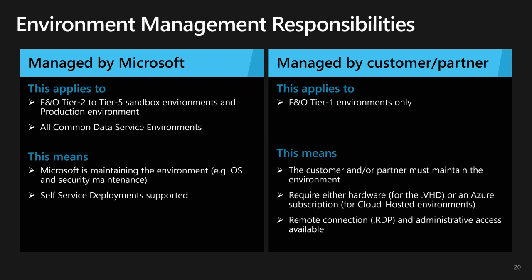Tier 1 environment is deployed and managed by the customer or partner, either hosted in your local data center or your own Azure subscription, because you have full control of those environments.